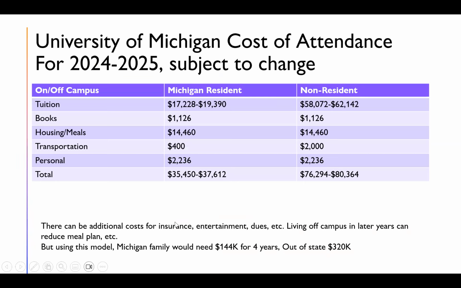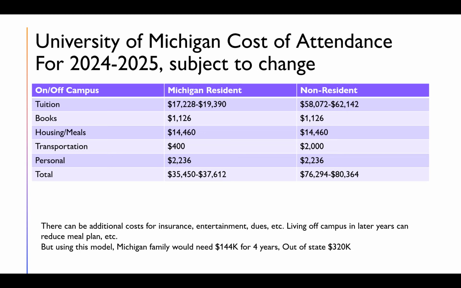On the other hand, at the University of Michigan, for a Michigan resident, tuition costs between $17,000 and $19,000. That's because Michigan charges a different price if you are a first or second year student versus an upper class student. Non-residents, however, are paying way more than that.